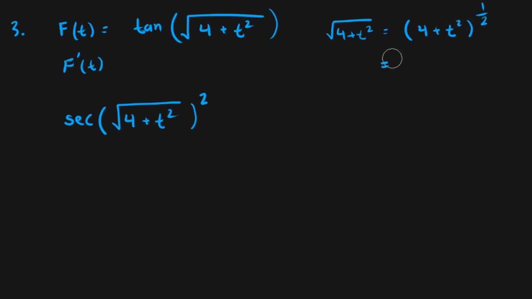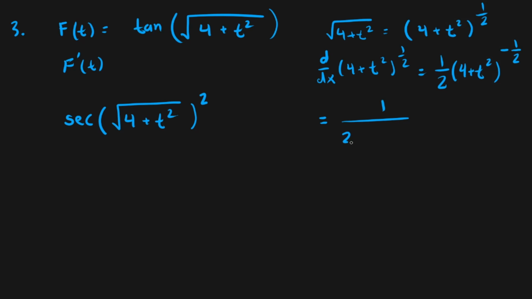If you take the derivative of this, we get 1/2 times 4 plus t squared to the negative 1/2. This is equal to 1/2 times the square root of 4 plus t squared in the denominator. So this is the derivative of the argument in here.